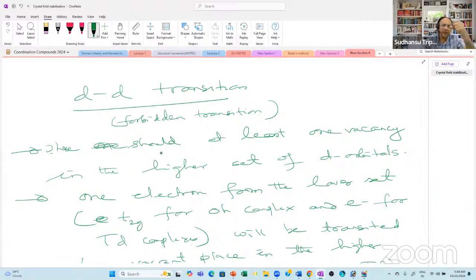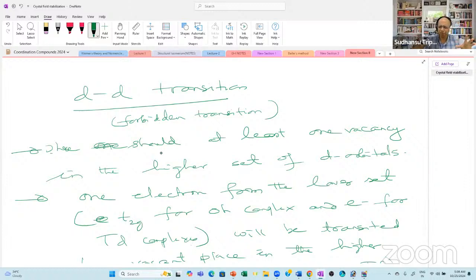You are forbidden to drink alcohol, that means you will not drink alcohol. But in chemistry, forbiddenness means the allowedness is very less. The probability of transition is less.